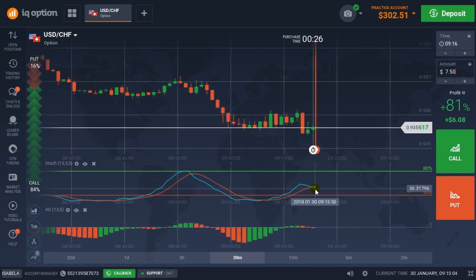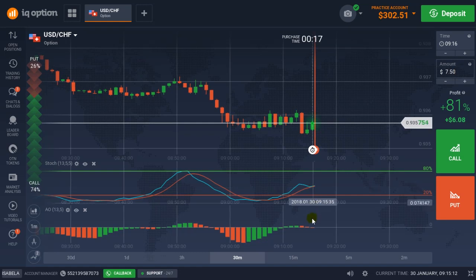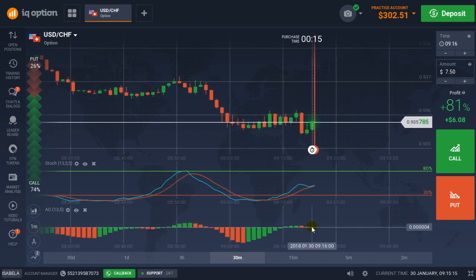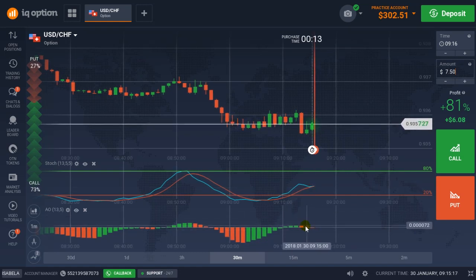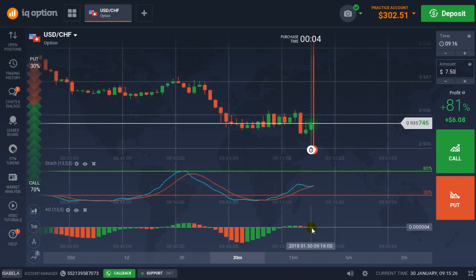Okay, as you can see, the lines are crossing, but it's still a slight cross, no separation between them. Although we have red bars, nothing is showing me that I should be confident enough to get in, so I wait. What we need is a definitive crossing, nice separation, red bars.